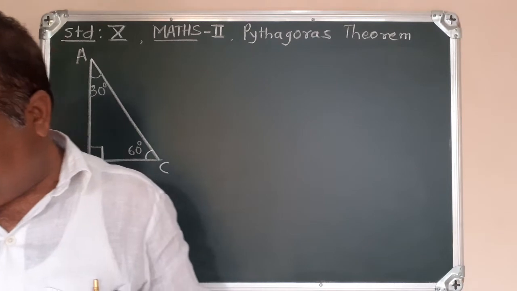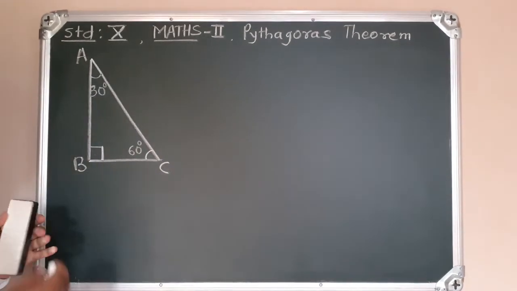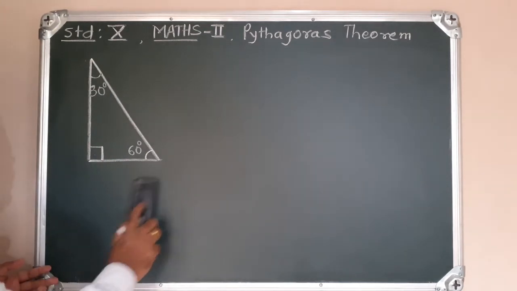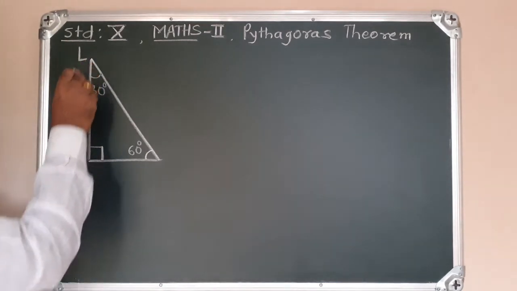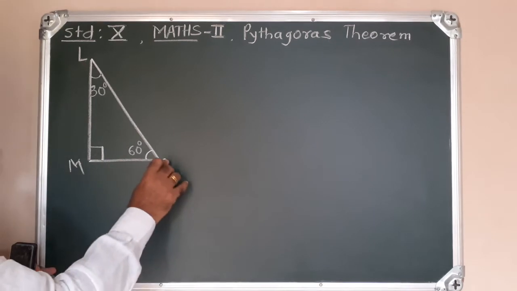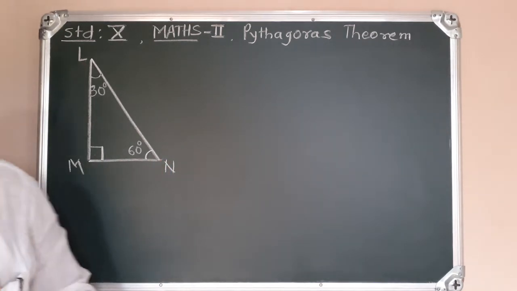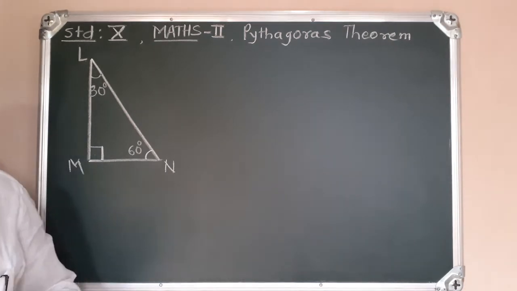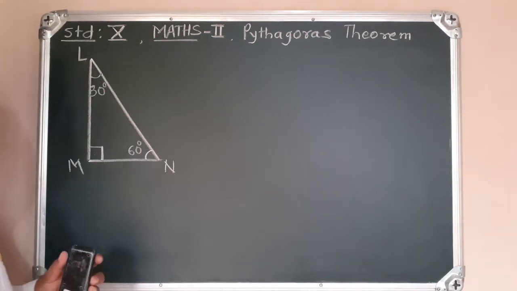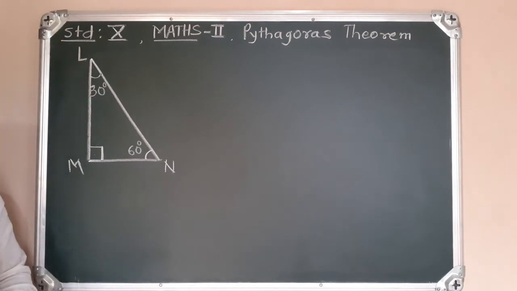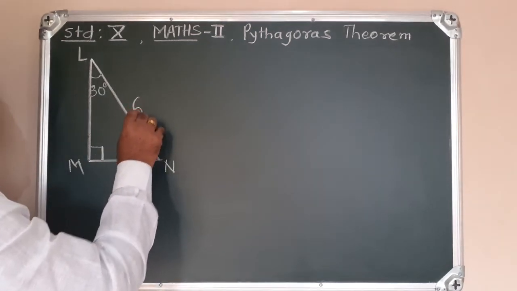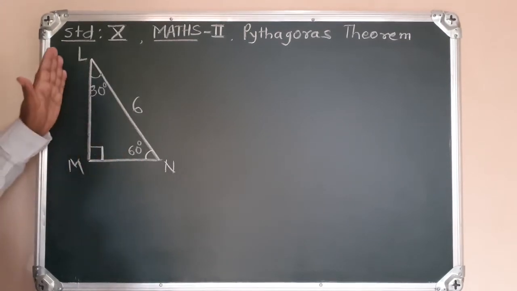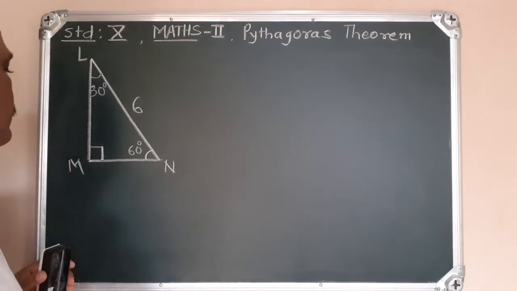There are two examples. If this is a right angle triangle, and name of this triangle is LMN, where M is a right angle and measure of angle L is 30 degree and measure of angle N is 60 degree, and LN is given as 6, find out length MN and length LM.